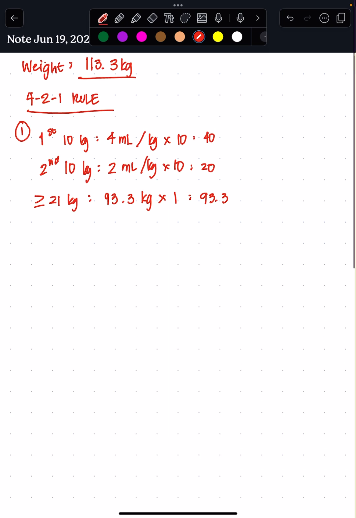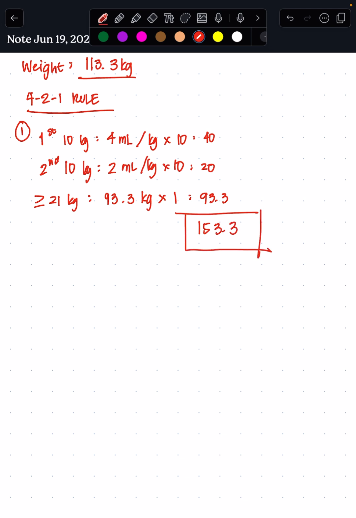So we just need to add them up together. So 40 plus 20 is 60, plus 93.3 is 153.3. It's going to be our maintenance fluid per hour.